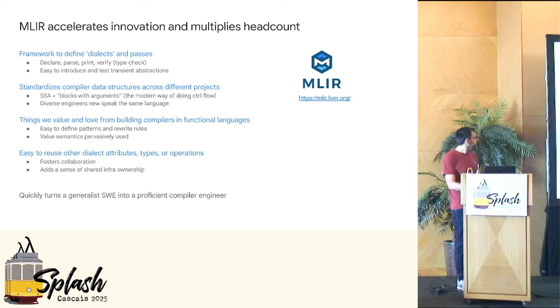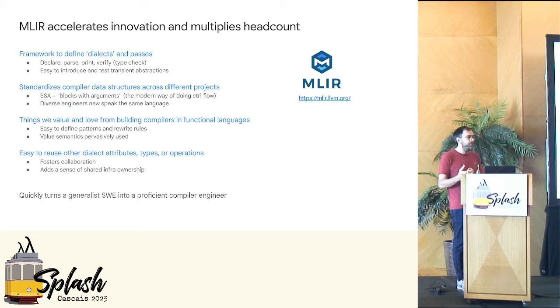It is easy to reuse other dialects' attributes, types, or operations, which means that it really fosters collaboration. There are teams working on various compilers across Google and the rest of the world, and MLIR gives them a common point to talk about, develop, and share things with each other, and also adds a sense of shared infrastructure ownership.